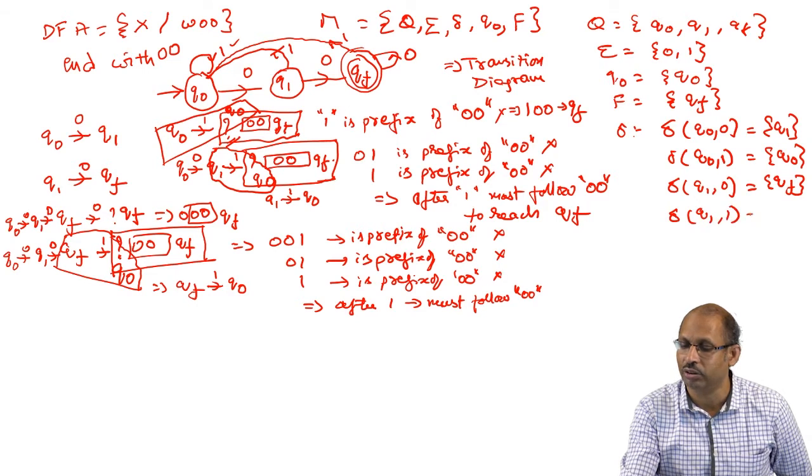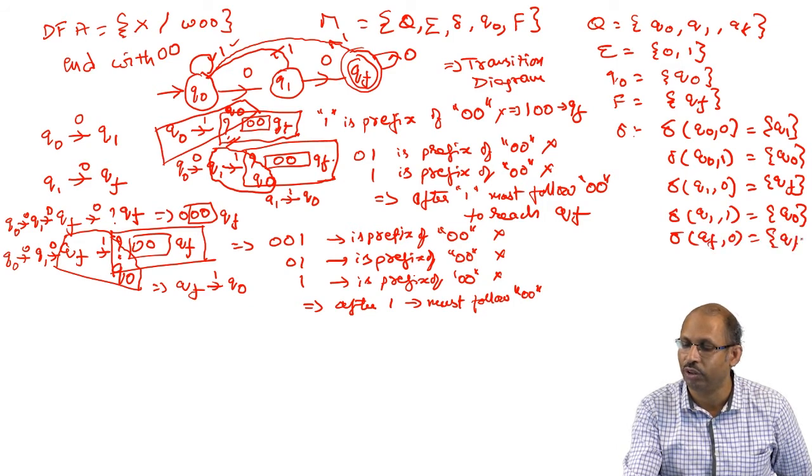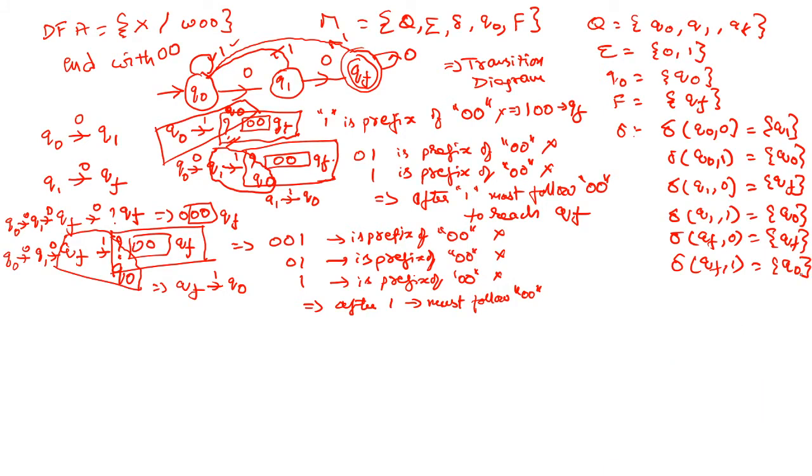Q1 on 1 goes to Q0. QF on 0 goes to QF only. But QF on 1 goes to Q0. So that is the transition. We have represented it in 5 tuple notation.